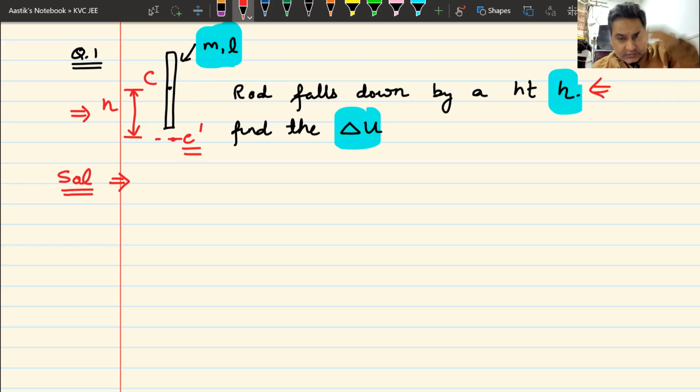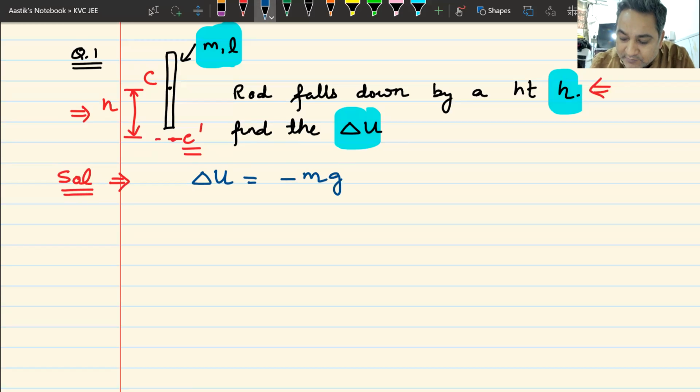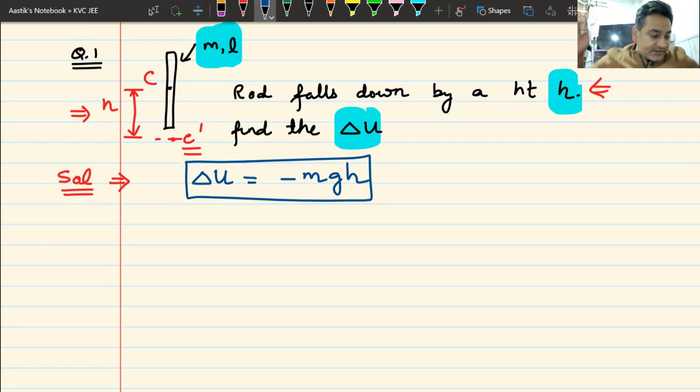So final minus initial, the change in gravitational potential energy, delta U, would be equal to minus mgh. Do we all understand this? Can I have some raised hands that we understand this?